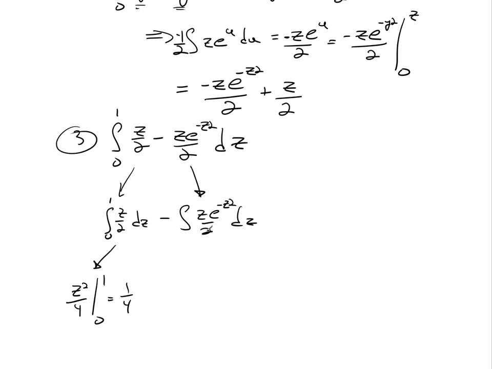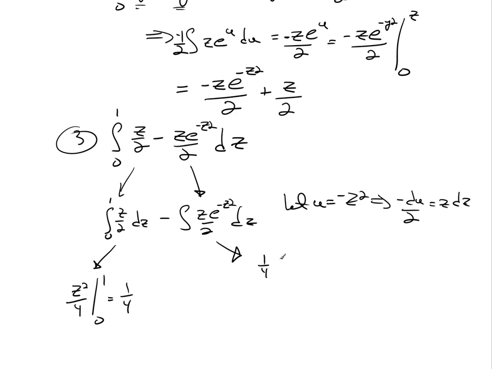This, I'm going to do the same u substitution sort of thing. So if I let u equal negative z squared, then negative du over 2 equals z dz. So double negative gives me a positive.